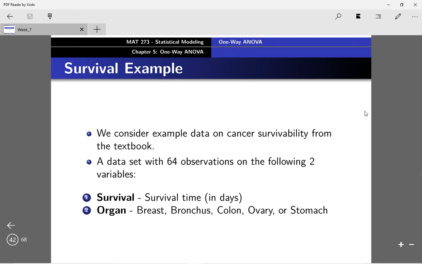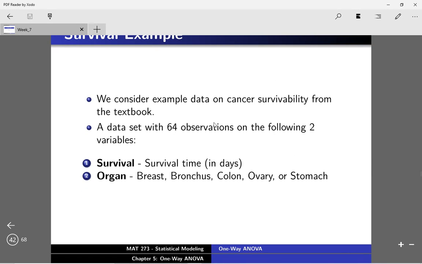So here they have 64 observations on just 2 variables, which is the survival time, how long a person survived, given their cancer diagnosis, and then the type of cancer that they had. So this is defined by which organ the cancer was identified in, I believe. Okay, and so we have 5 different types of cancer here.